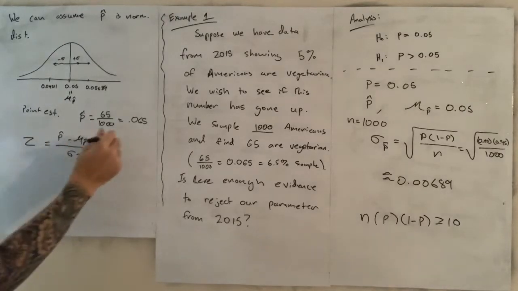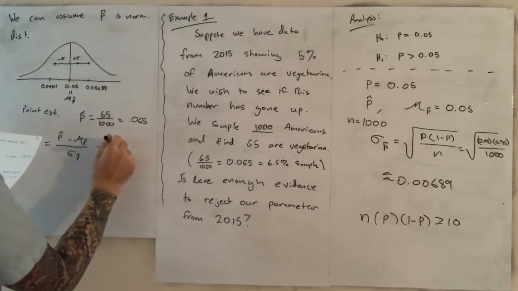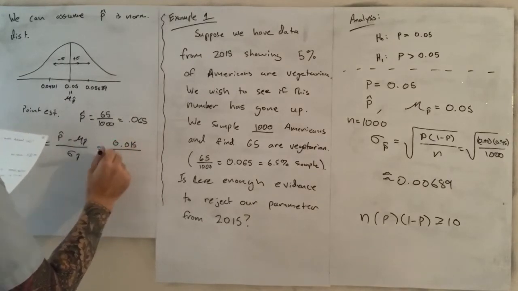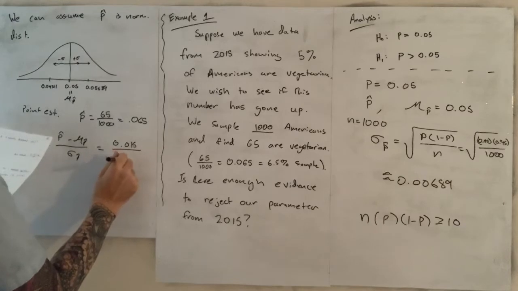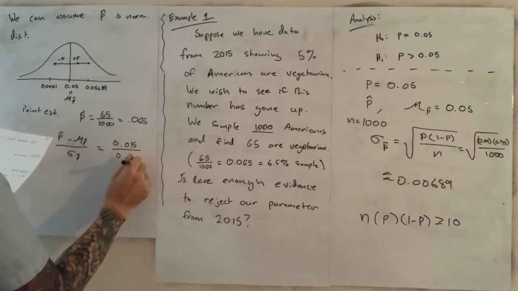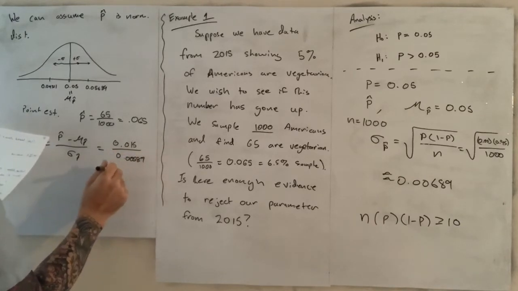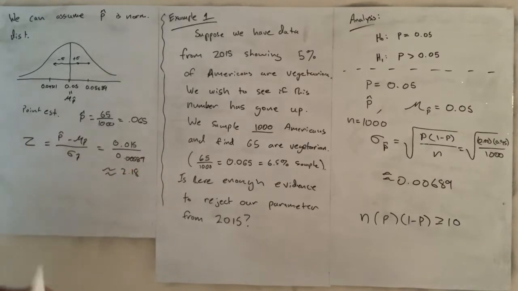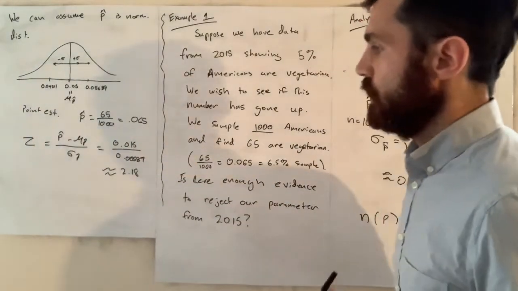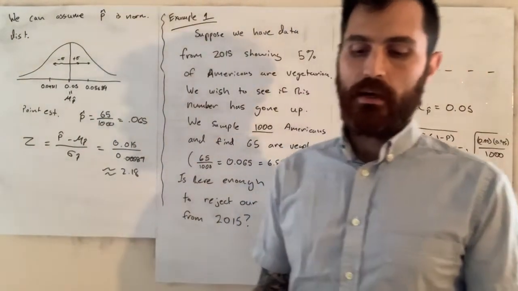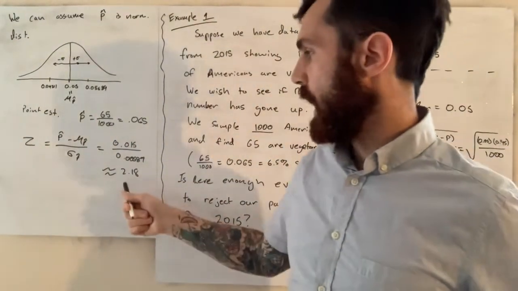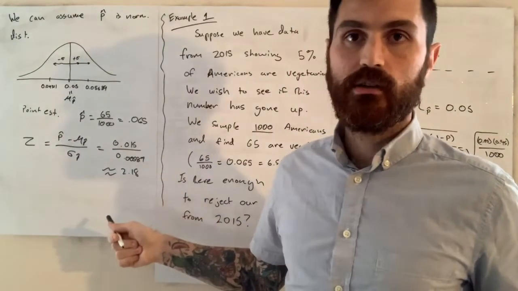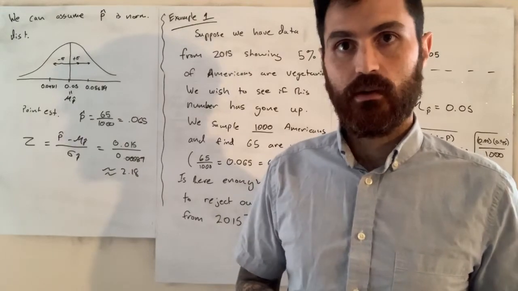And so you'll get 0.015 divided by 0.00689, which will give you about 2.18. Okay, so what I'm going to say is we're actually going to use this to reject our null hypothesis.